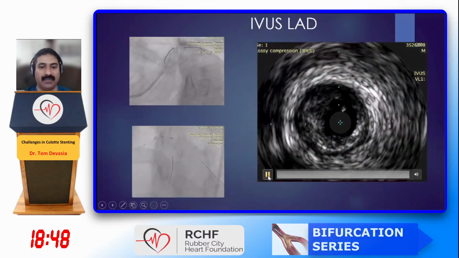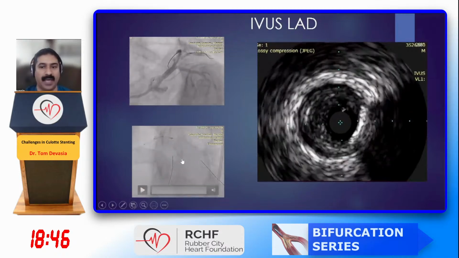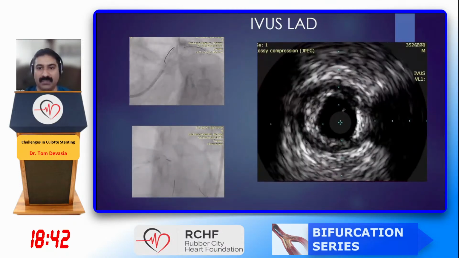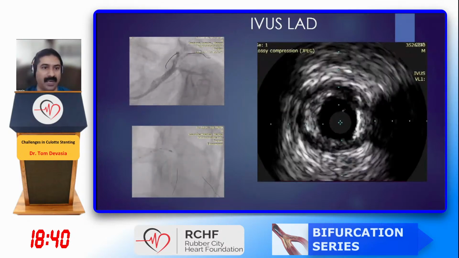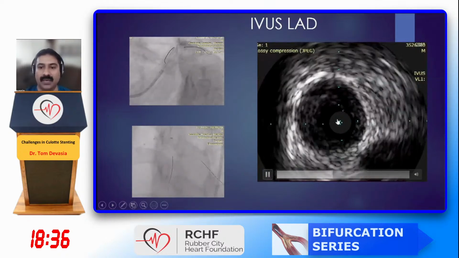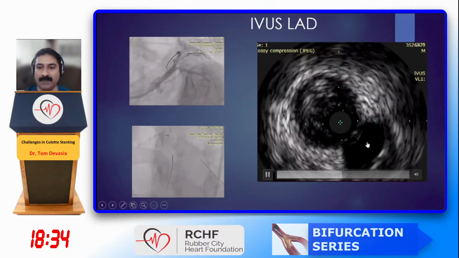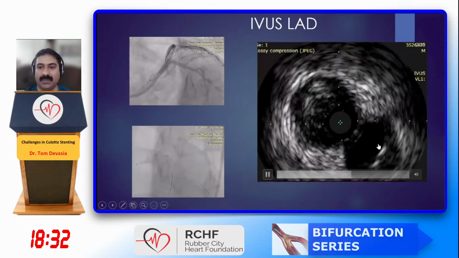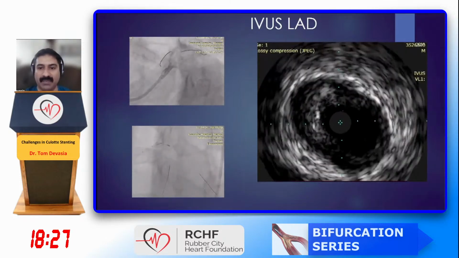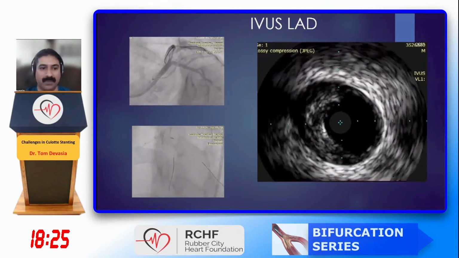This is the IVUS of the LAD, and you can see that there is a significant amount of plaque burden with some fibrocalcific element as well. And you can see the diagonal ostium here with some disease but no critical stenosis, and the ostial LAD is again having critical stenosis right from the ostium.